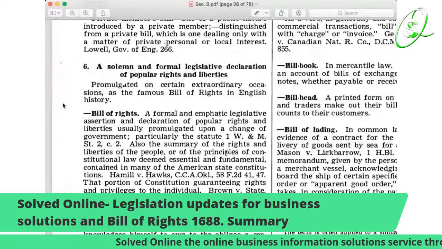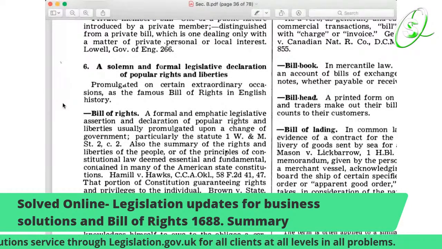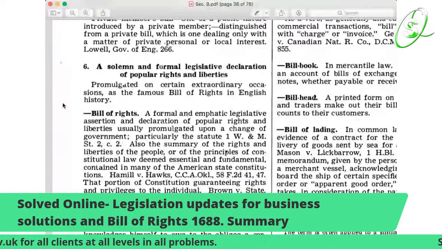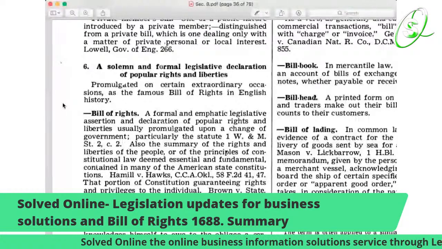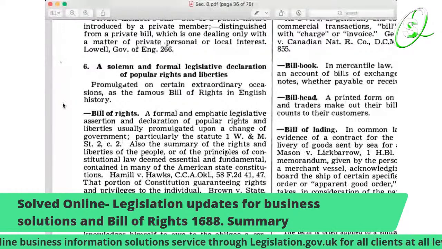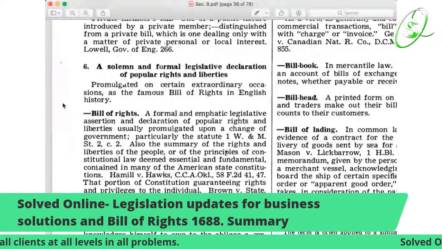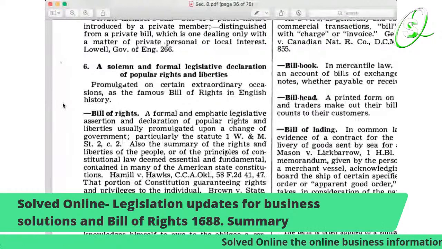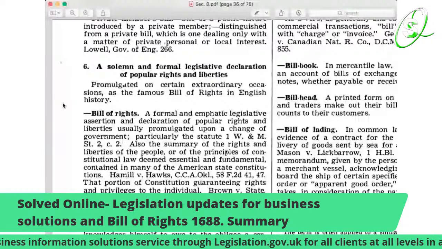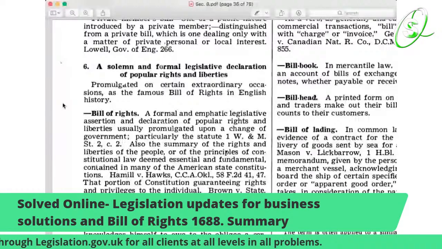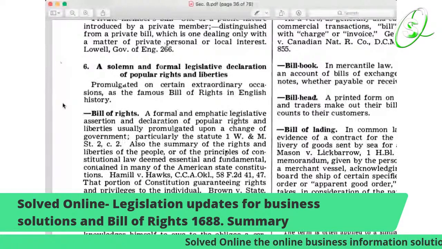It is a formal and ethical legislative assertion and declaration of popular rights and liberties, usually promulgated upon a change of government, here particularly the statute of William and Mary. Also the summary of the rights and liberties of the people, or of the principles of constitutional law deemed essential and fundamental, contained in many of the American state constitutions. So boom, you see it clear.